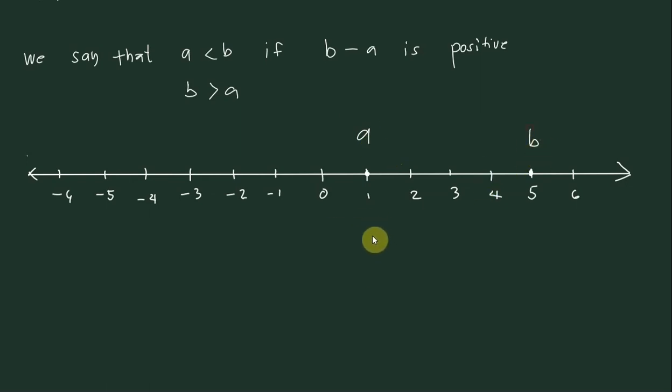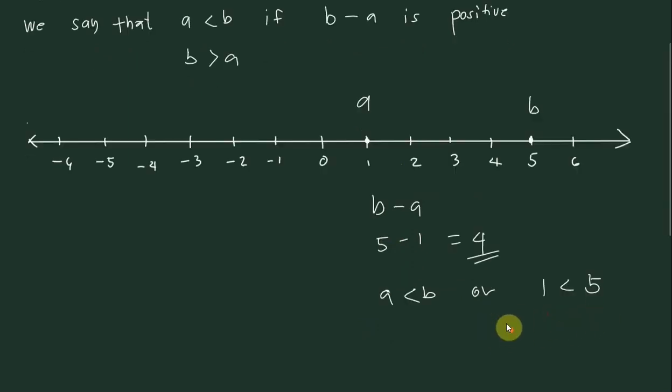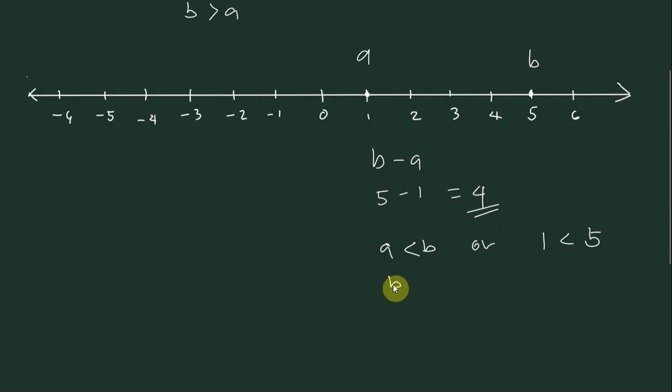So b minus a would be 5 minus 1. Since this is positive, we can say that a is less than b, or 1 is less than 5. It's also equivalent to b is greater than a, or 5 is greater than 1.